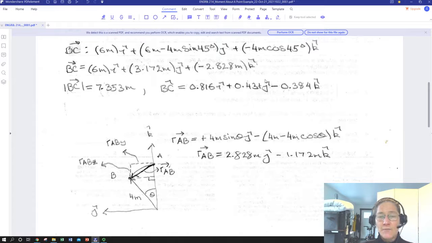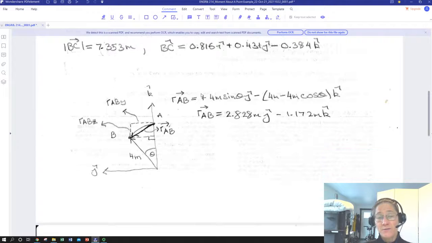So now we have what we need to crank through the cross product. We're going to cross our R_AB, which is in meters, into our unit vector BC, which is unitless, which we know is going to be multiplied by a scalar quantity F corresponding to the magnitude of our force.